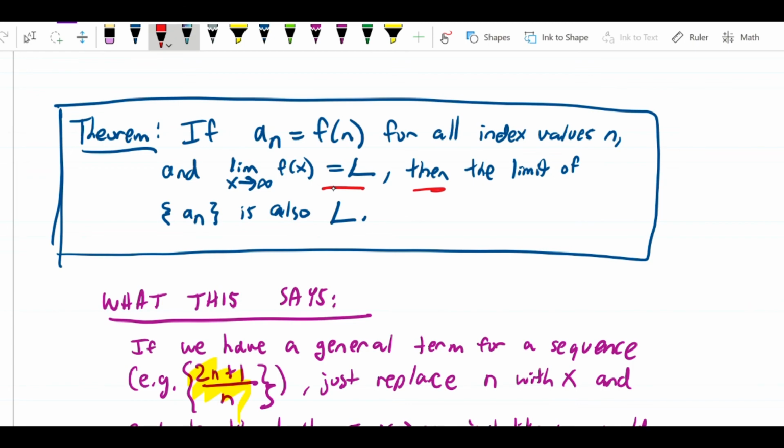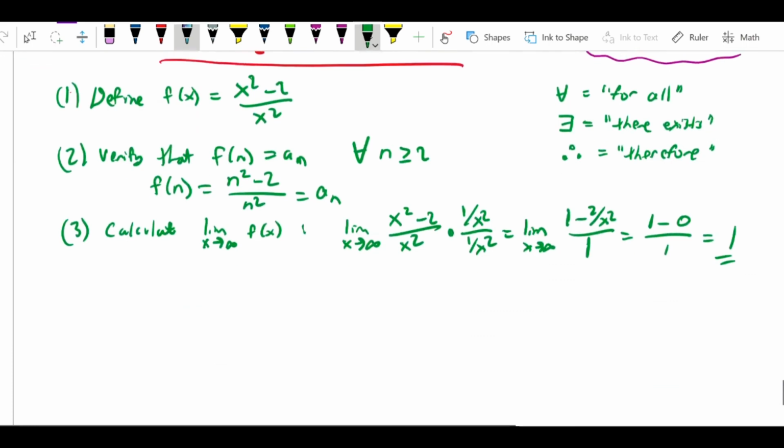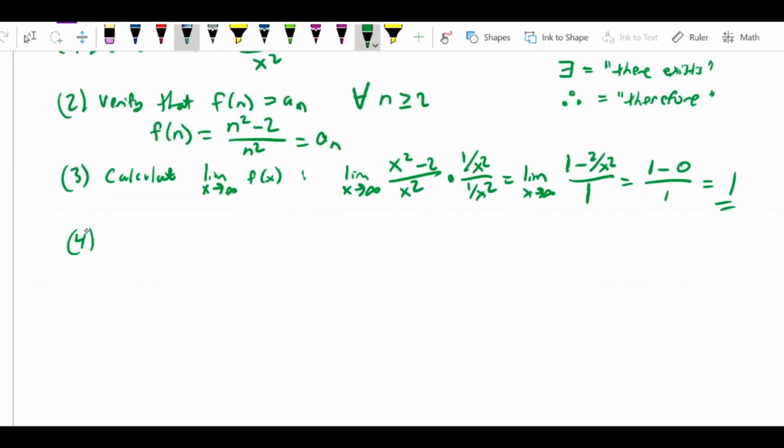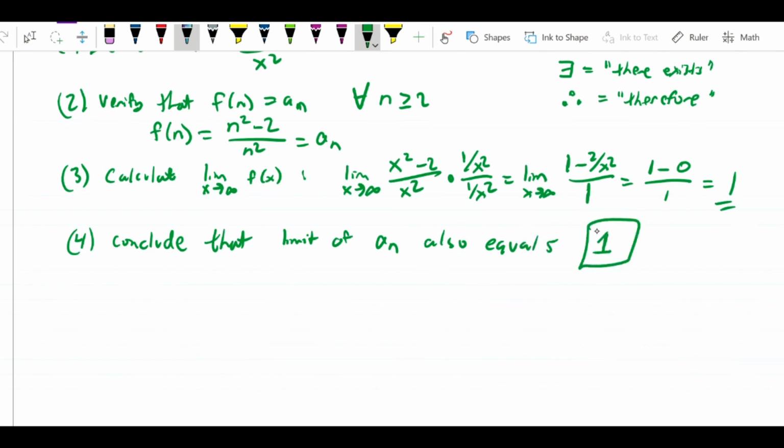We found the limit of f of x. Technically, we need one more step. We need to actually say, for a_n, conclude that the limit of a_n also equals 1. And it does, and that's the answer.